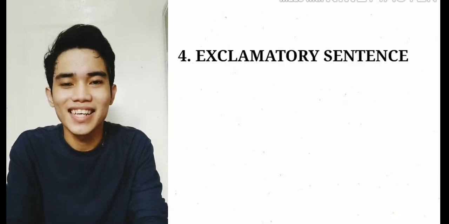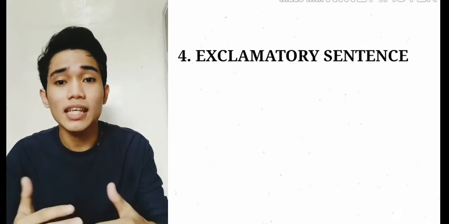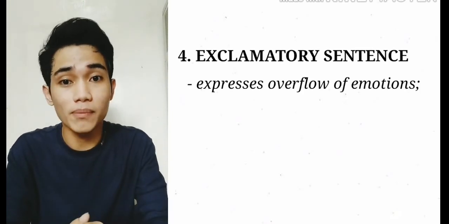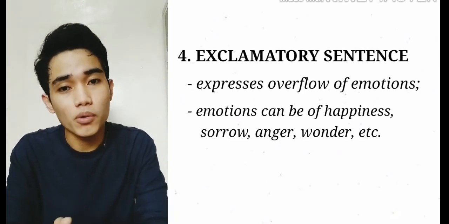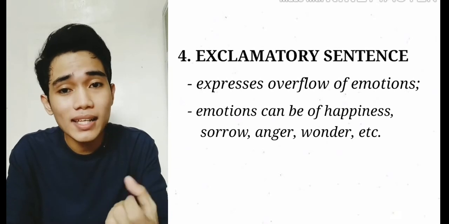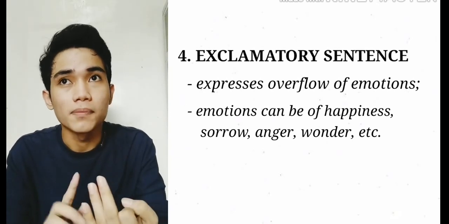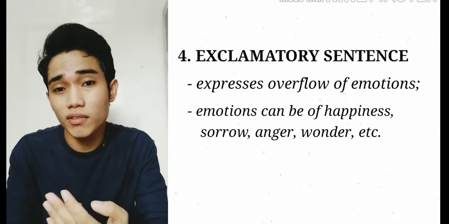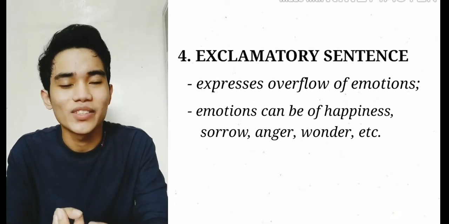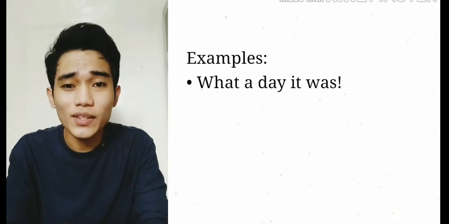For the last type of sentence, we have the exclamatory sentence. This type of sentence expresses overflow of emotions. These emotions can be of happiness, sorrow, anger, wonder, etc. For the examples, what a day it was!